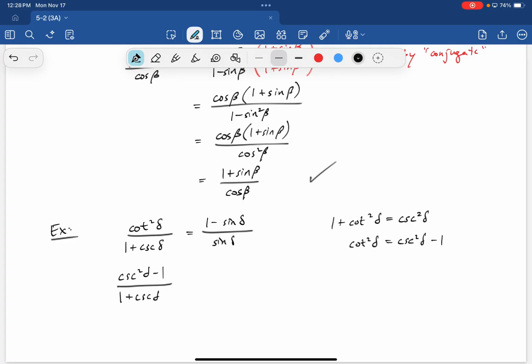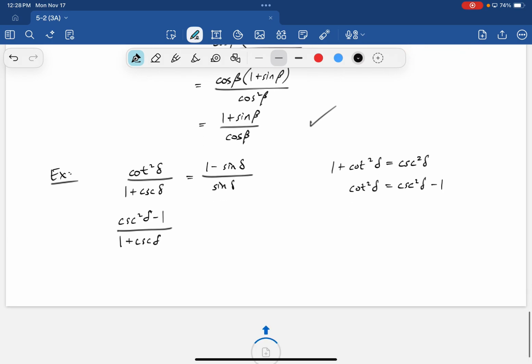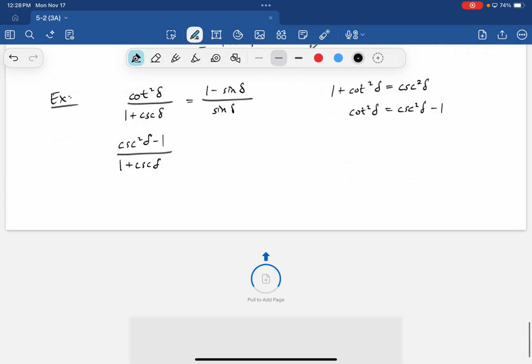Okay, any questions there? Well, cosecant squared minus 1, that's just a difference of squares.